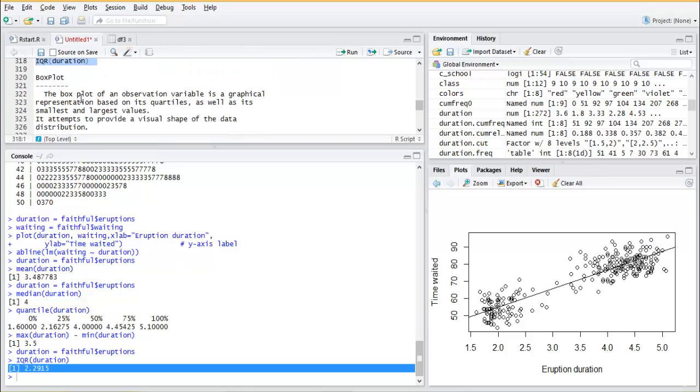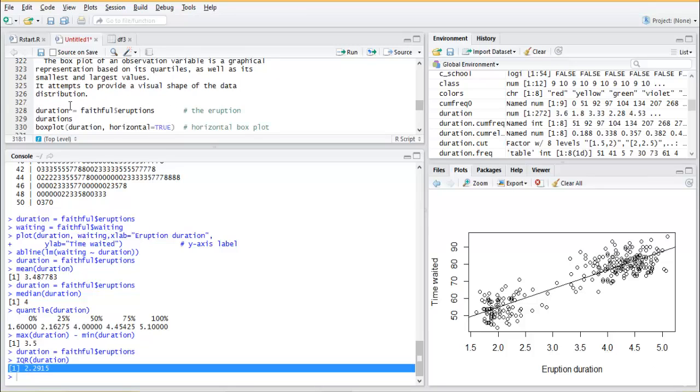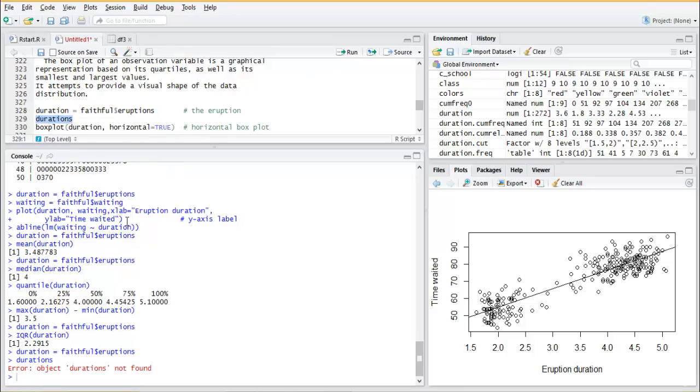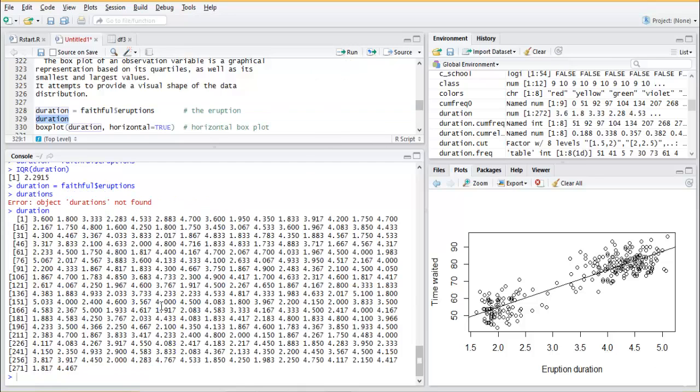Box plot, we know the definition, gives you a quick observation of outliers, where the median is and what the spread of data is. So let's go ahead and quickly plot the box plot. We'll do a box plot of duration. These are the values.